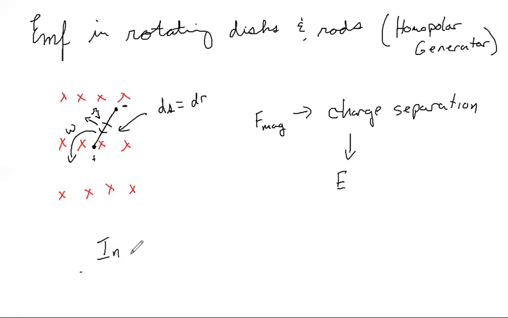So in steady state, the electric forces must balance against the magnetic forces. And so it must be that the electric field, we'll worry about magnitudes here, must equal v cross B, which is just v times B.